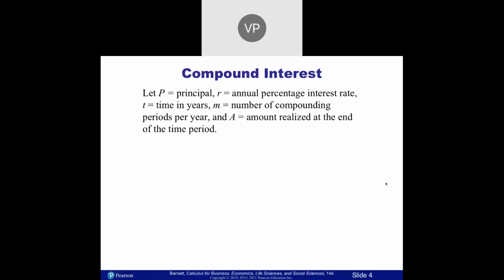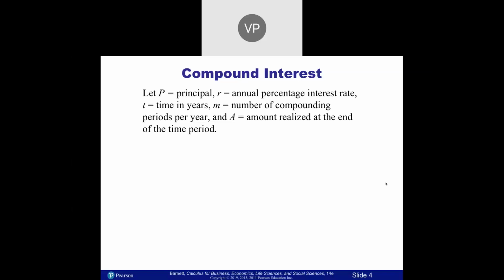Then your M would be 365, and so forth. But M is how many times in a single year. And then capital A is the final amount. After a certain number of years, your principal becomes a final amount. That A is your final amount.